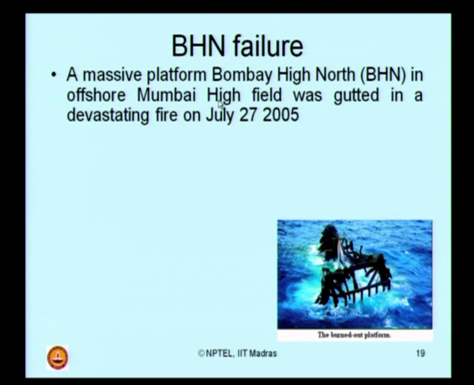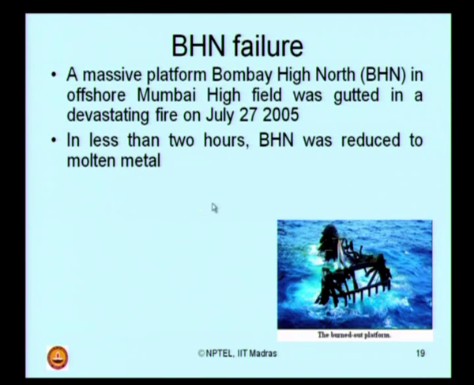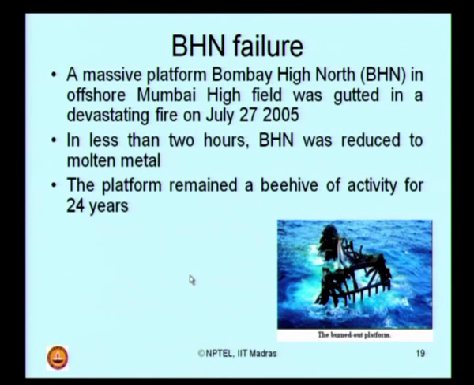A massive platform, Bombay High North, in the offshore Mumbai High field was gutted in a devastating fire on July 27, 2005. In less than about 2 hours, BHN was reduced completely to molten metal. The platform had remained a beehive of activity for about 24 years.